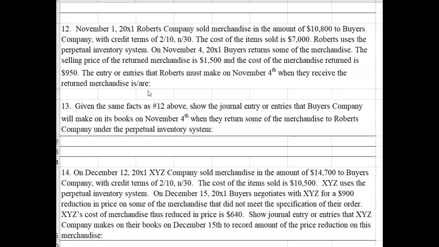The selling price of the returned merchandise from Roberts' point of view was $1,500, and the cost to Roberts of the merchandise that was returned is $950. The entry or entries that Roberts, the seller, must make on November 4th when they receive the returned merchandise inventory is or are.